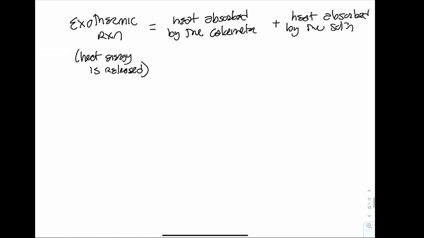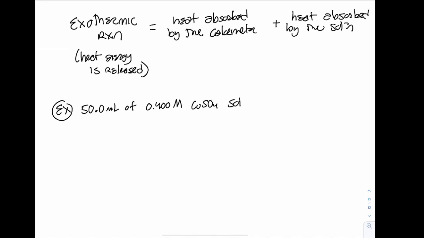So this is going to be kind of long to write down, so just bear with me as I write down the entire example here. So I'm going to have 50.0 milliliters of a 0.400 molar copper sulfate solution, and it's mixed with 50 milliliters of a 0.600 molar sodium hydroxide solution.